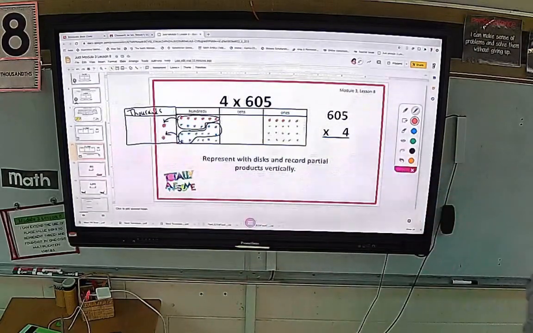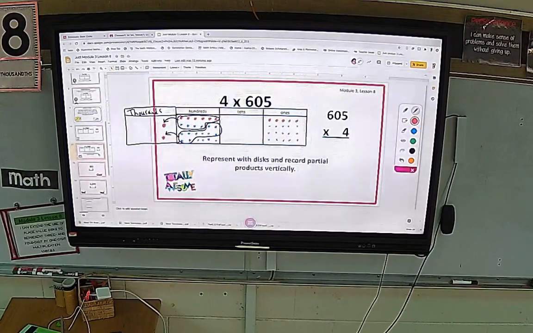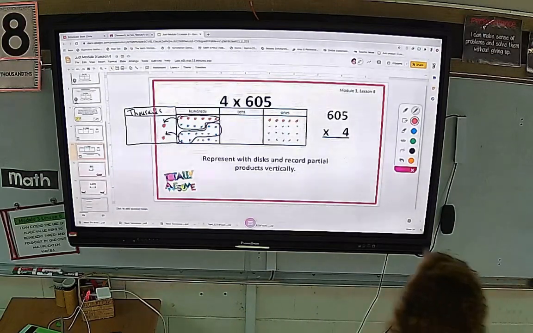How many groups of 10 did you find? Faith, how many did you circle? Okay, let's get to that one. All right, did everybody find 2?